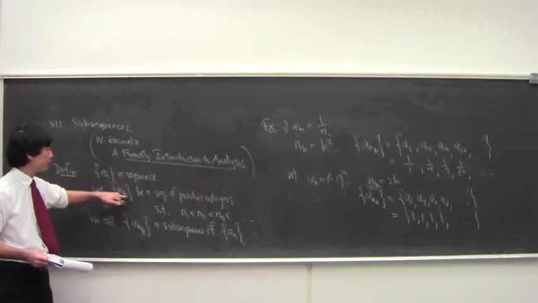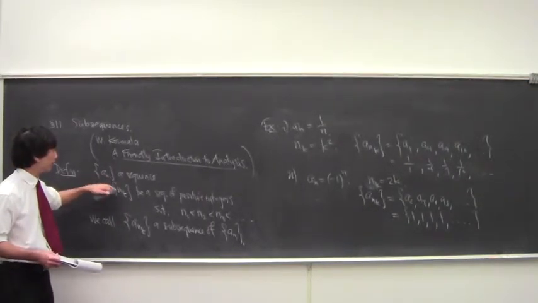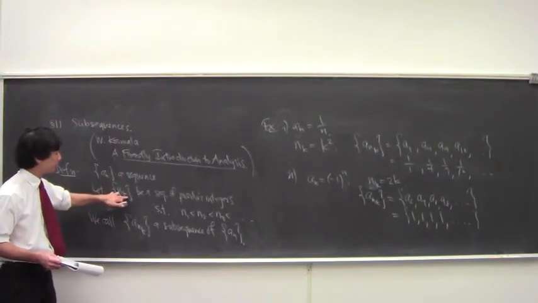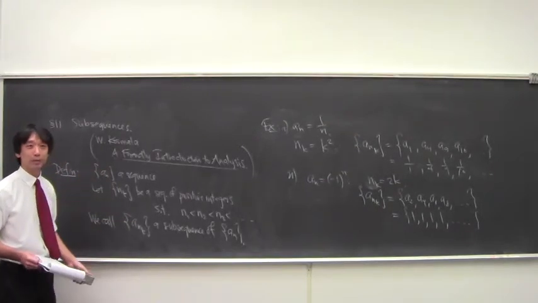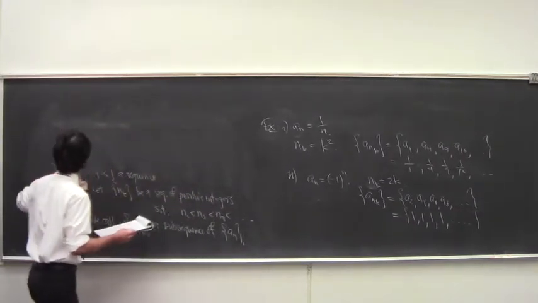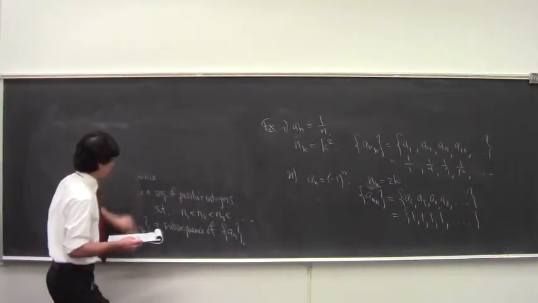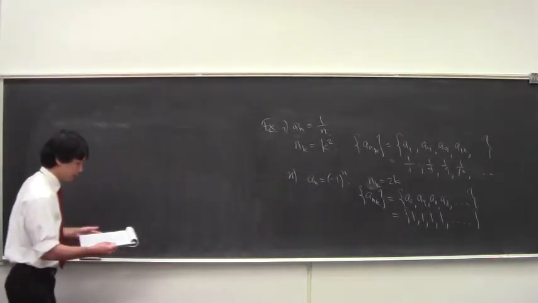So usually people use this sort of double index to indicate that this is a sequence of indices that you select from the original sequence. It's not a huge idea, but it's a convenient one.